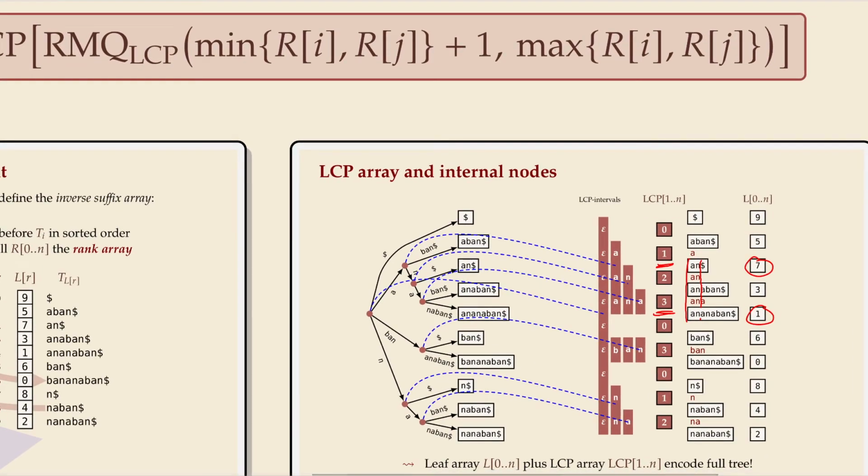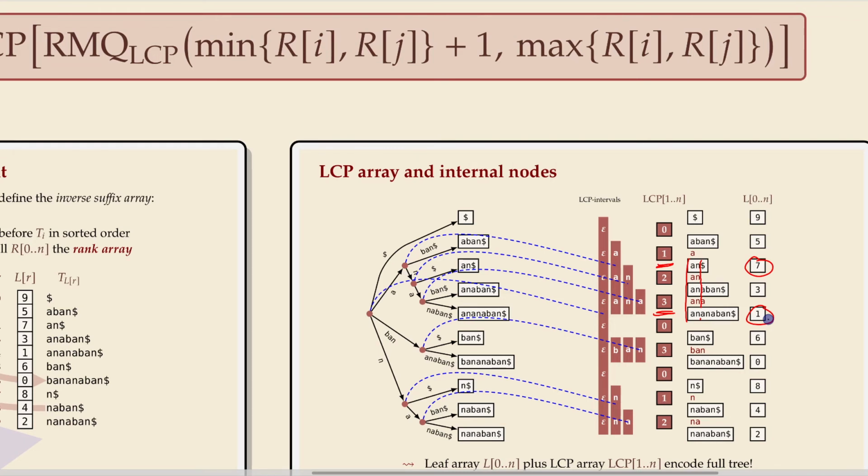Because we don't have an LCP array entry for every pair of leaves, we use the range min query on the LCP array to get that value, even if it's not explicitly stored. And the rest is puzzling together the right indices. In my example here, I just said, let's try to find the leaves 7 and 1 in the leaf array.